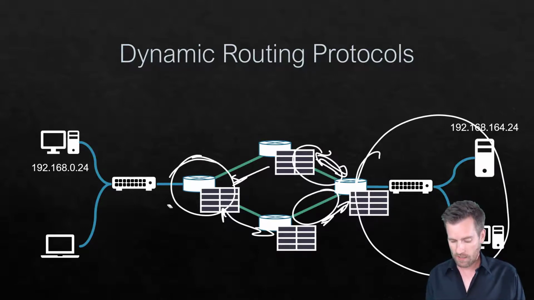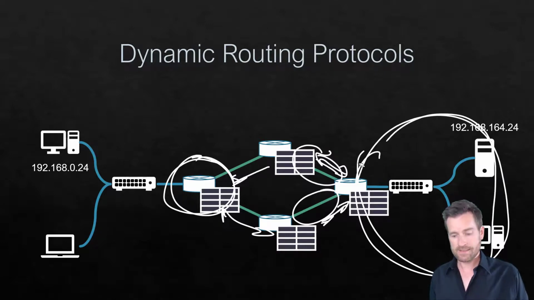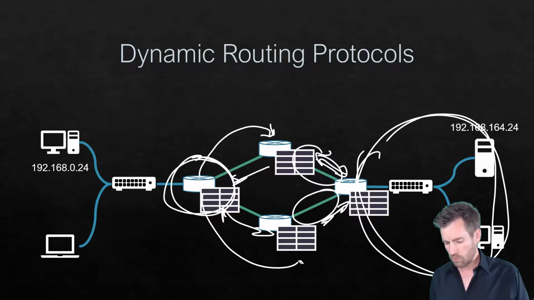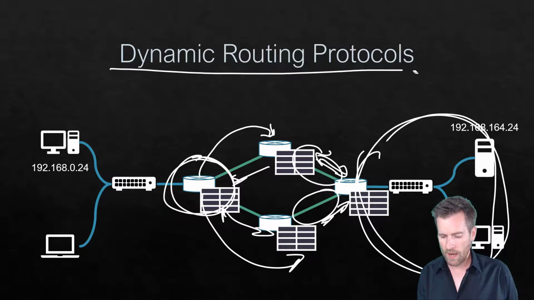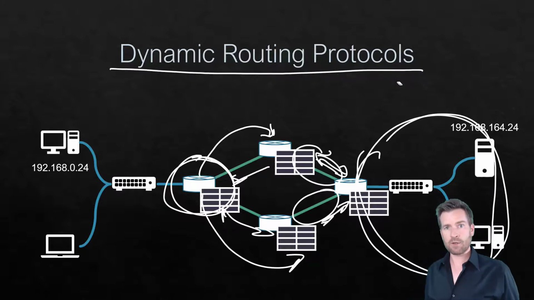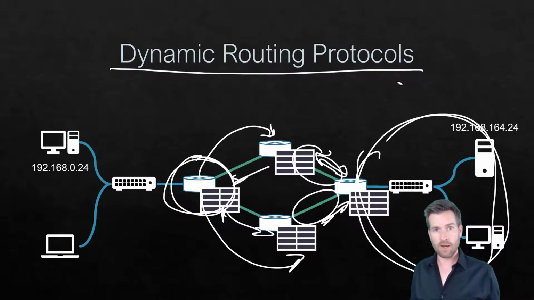In this case, this router would learn that this remote network is accessible either through going through this router right here or going through this router right here. That's done with a dynamic routing protocol.